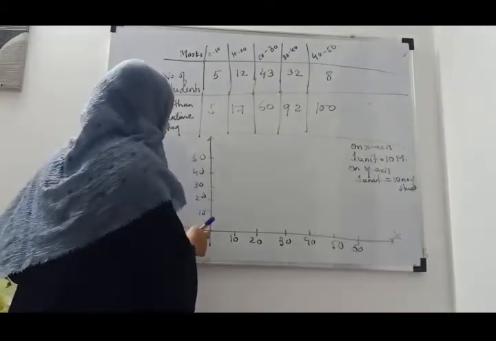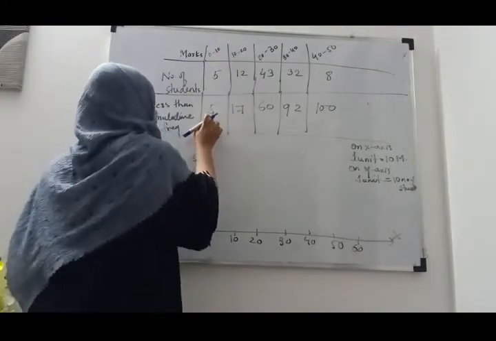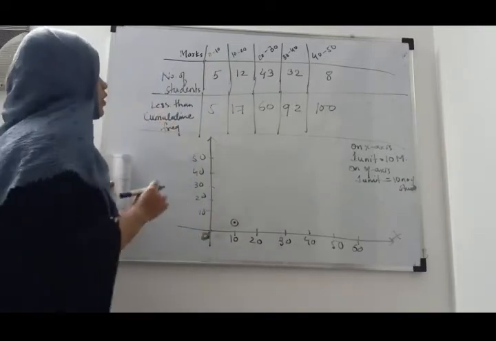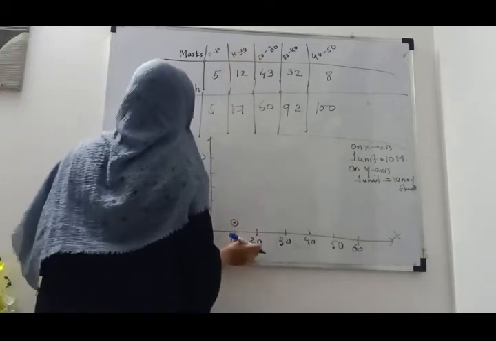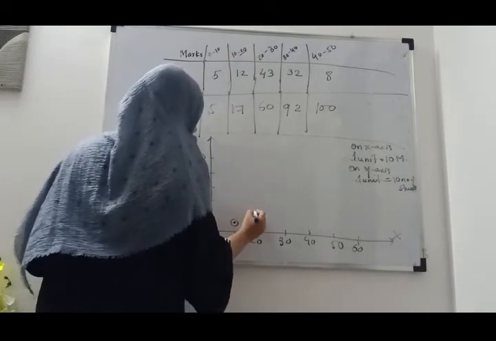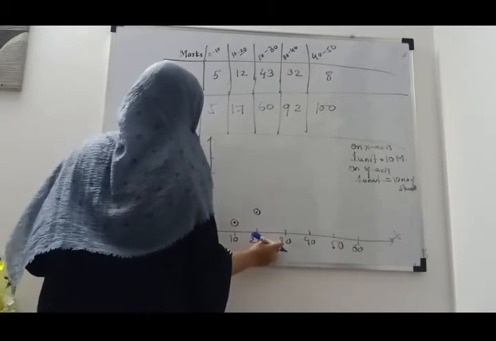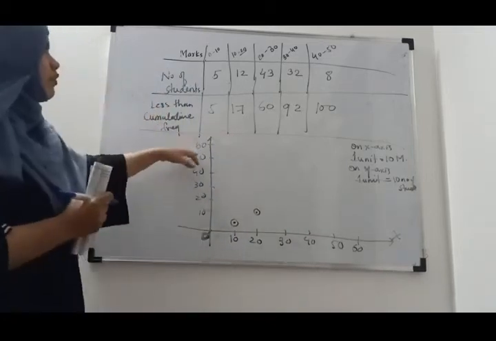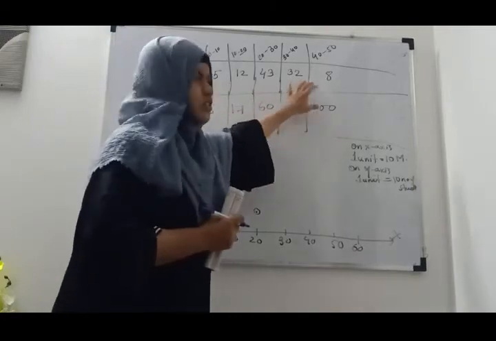Alright. Now for the upper limit 10, the cumulative frequency is 5. So here the point will come here. For the 20, the cumulative frequency is 17, something here. For the 30, the cumulative frequency is 60. Oh, we have to go till 100. Sorry, we have to see the cumulative frequency, not the frequencies.